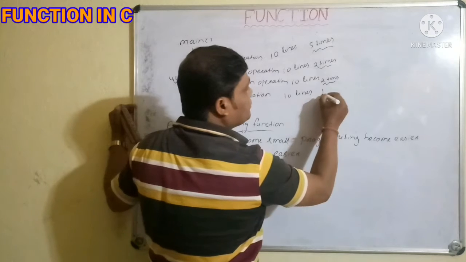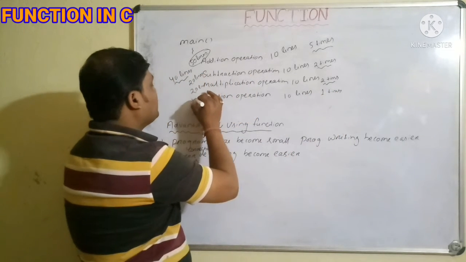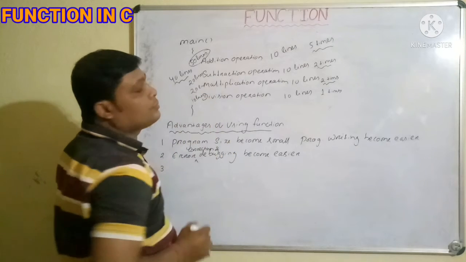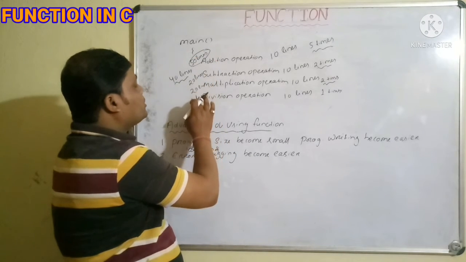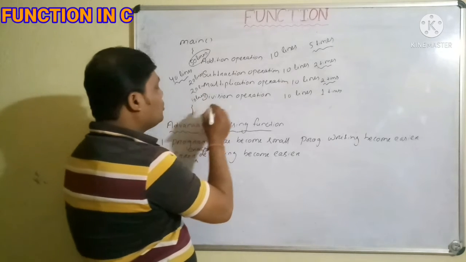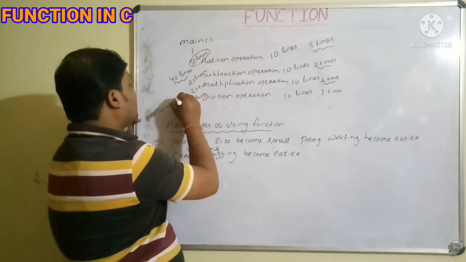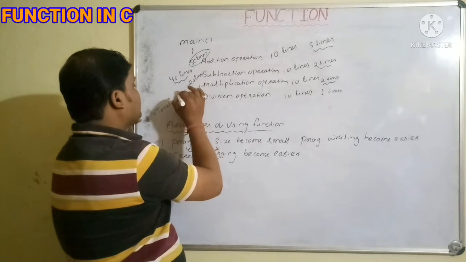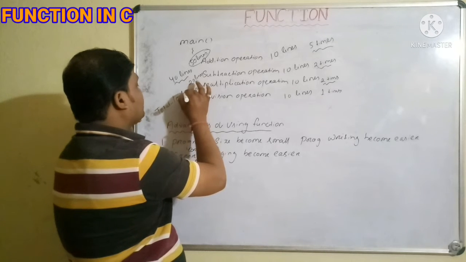Suppose division is 1 time, and this is 10 lines. Total is 50 plus 20 plus 20 plus 10. This is 100 lines. Total, how many lines do I have to write? 100 lines.